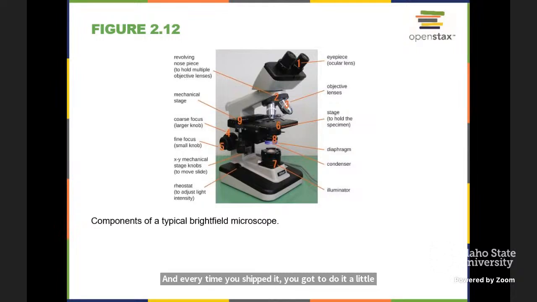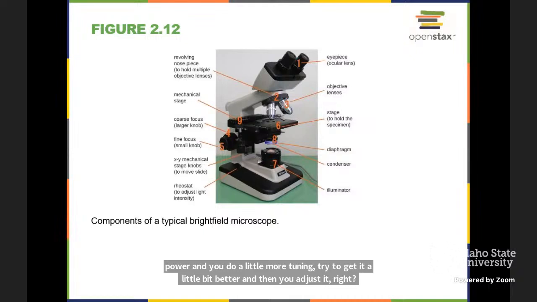I fine tune one way, a few turns. And if I'm not really getting it, I don't keep going. I flip it the other way and I go back because it shouldn't be that far off, right? It should be pretty close. There's also times where you can't, and you go back to the other power and you do a little more tuning, try to get it a little bit better, and then you adjust it, right? It should be there, all right?